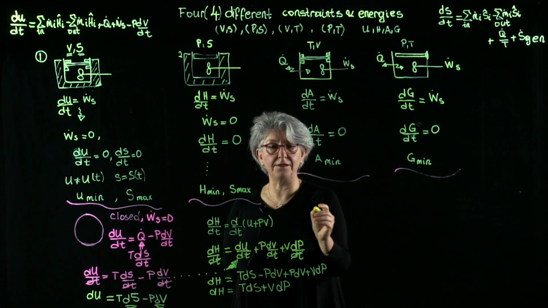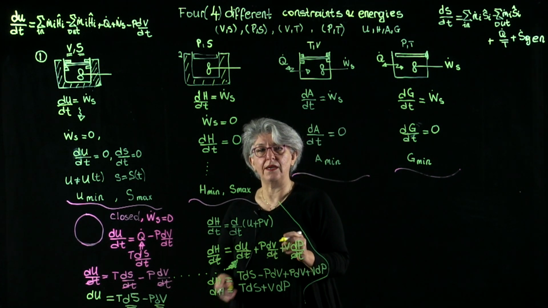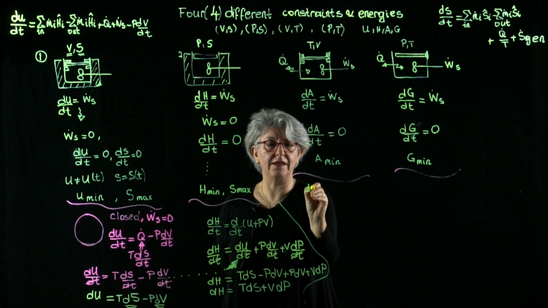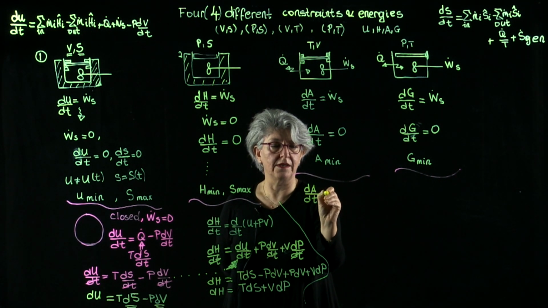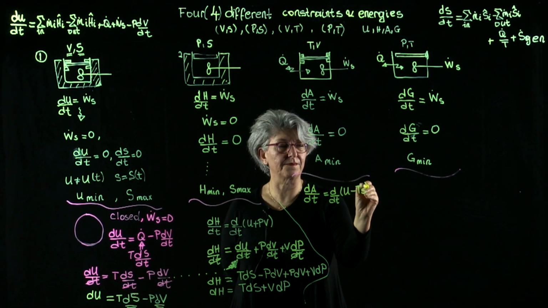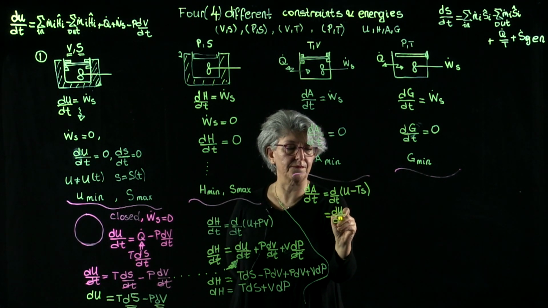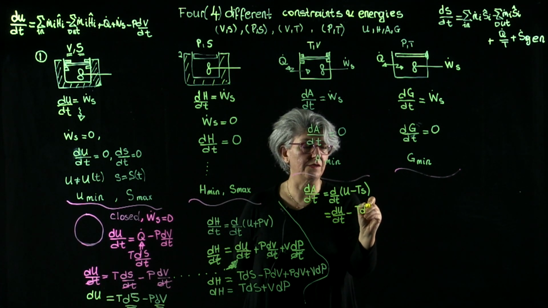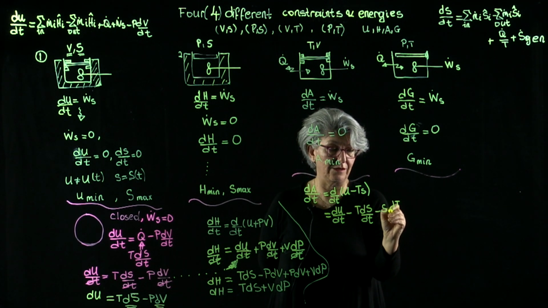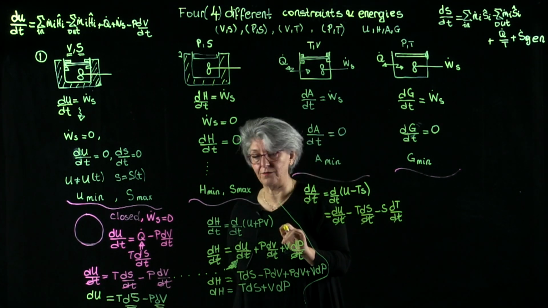Let me derive the equivalent expressions for the Helmholtz and Gibbs free energies. Also, remember A was defined as U minus TS. So dA/dt is going to be dU/dt minus T dS/dt minus S dT/dt. These dt's were eliminated from the analysis.